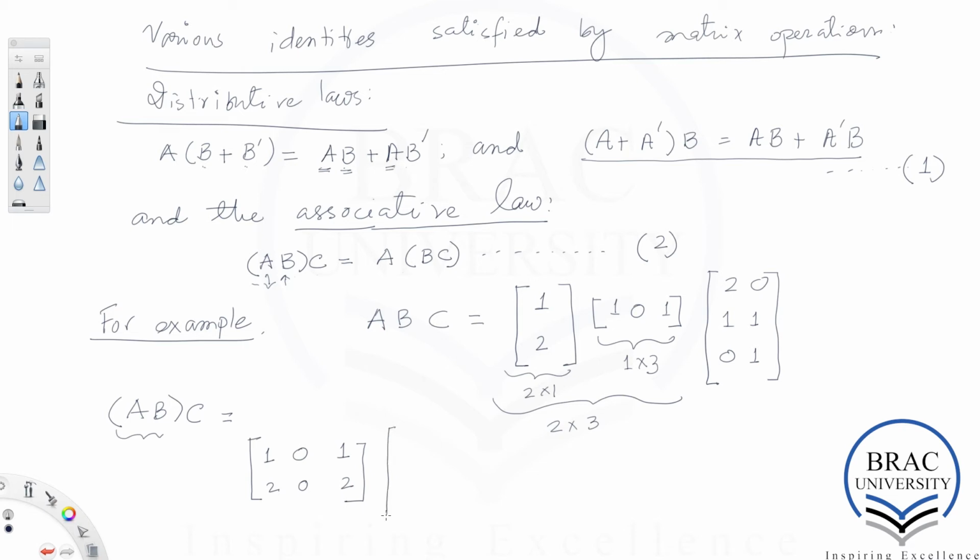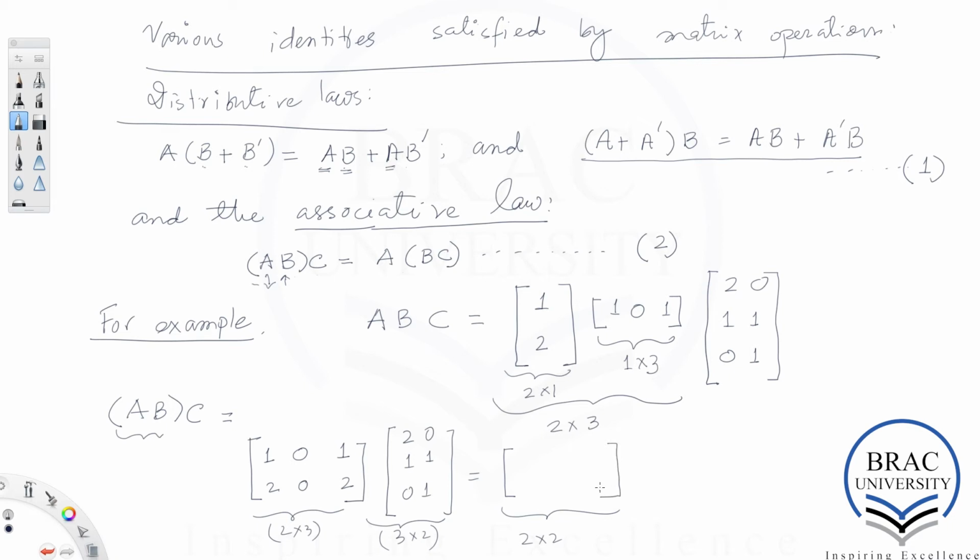Then you have the 3 times 2 matrix, 2, 0, 1, 1, 0, 1, and you do the multiplication. The 2 times 3 matrix gets multiplied with the 3 times 2 matrix to give a 2 times 2 matrix, right? The final matrix will be a 2 times 2 matrix.